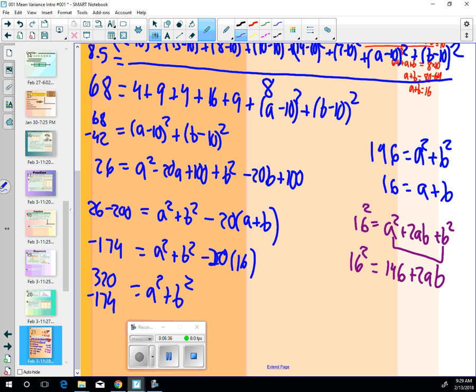So what's 16 squared? Is that 256? 256 minus 146 is 110. Okay, so 110 is equal to 2 times 2AB.